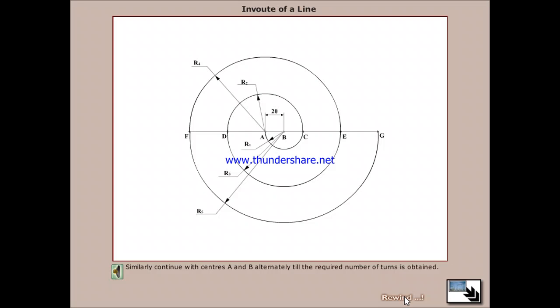That is, with center A one semicircle, with center B one semicircle, then with center C one semicircle.